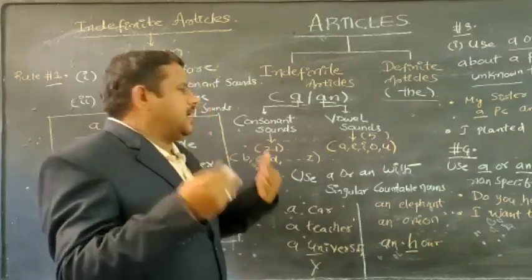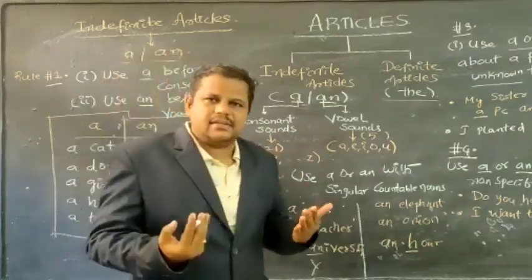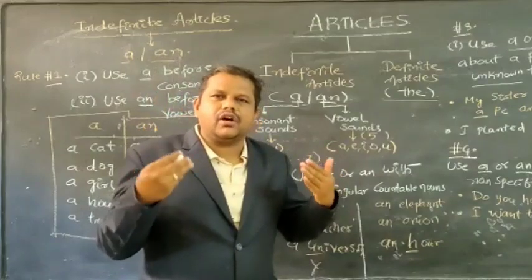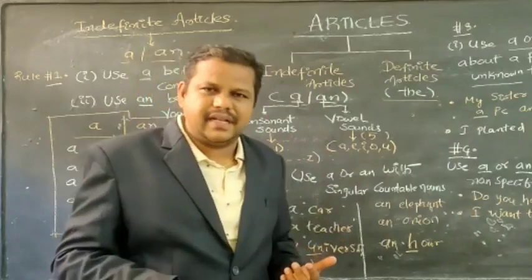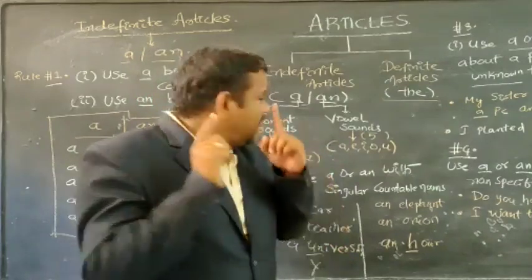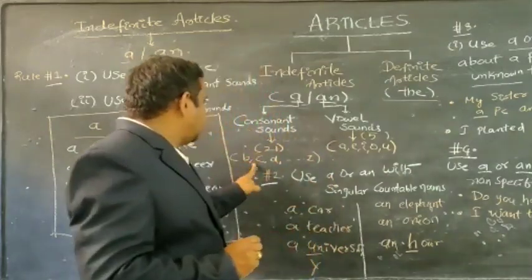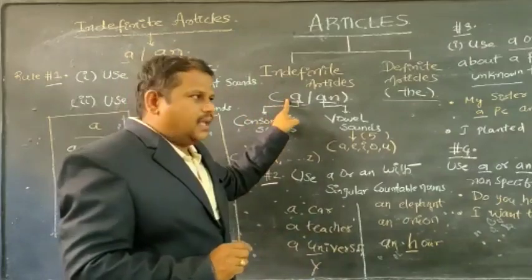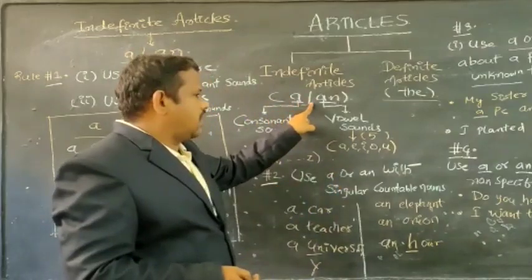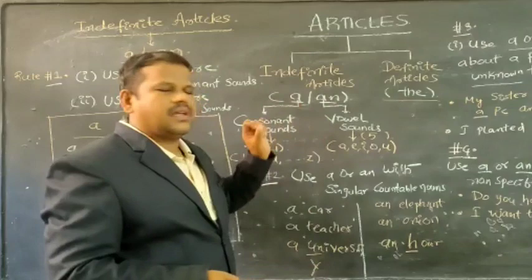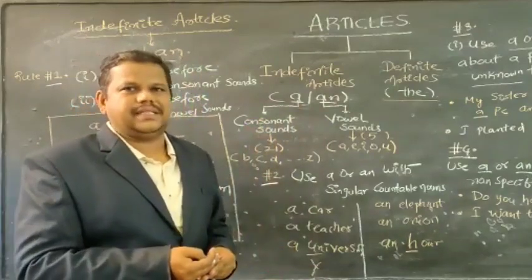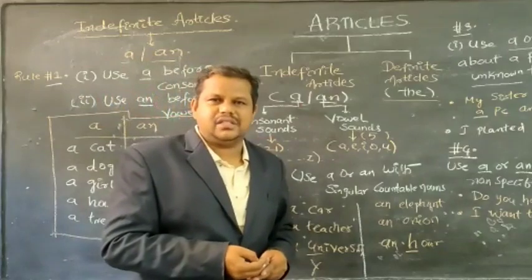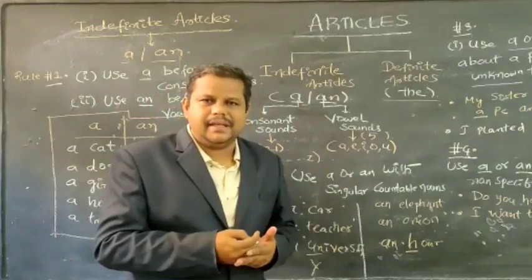When you are writing the articles, you have to concentrate on the sound pattern of consonants as well as vowels. When we are using consonant sounds, we have to use a. When we are using vowel sounds, we should use an. There are some rules and regulations, which we will see systematically.